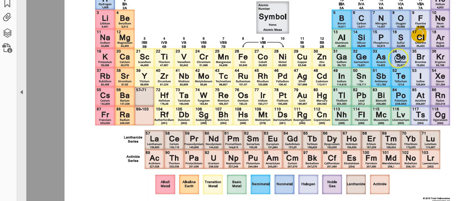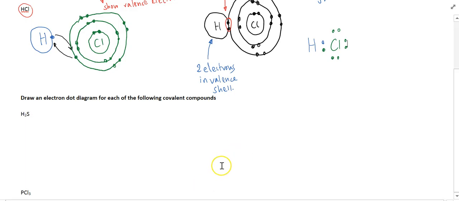Sulfur is in group 16, and by the classical numbering system, it's in group 6, meaning it has 6 electrons in its outermost shell. So let's draw an atom of sulfur. 1, 2, 3, 4, 5, 6. And that's the electron dot diagram for an atom of sulfur. Hydrogen looks like this. So there are 2 hydrogens. If we look at the bonds that are formed, here they are.